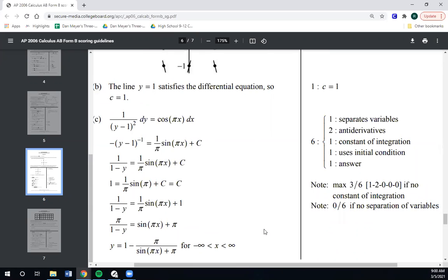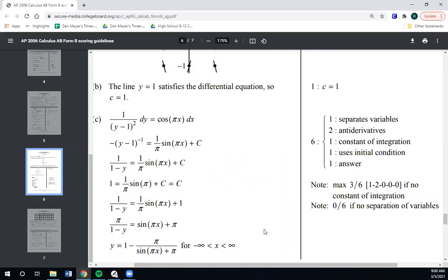So this is your antiderivative step, the second step here. Then they are rewriting it a little bit. Instead of putting the negative, they basically took it, rewrote it on the bottom, and instead of writing y minus 1, they distributed the negative on the bottom and made it 1 minus y. You didn't need to do it that way. You can still solve for C the same way that we're about to show, even if you didn't do that. Now we're plugging in the point.